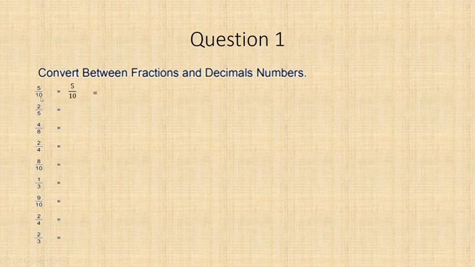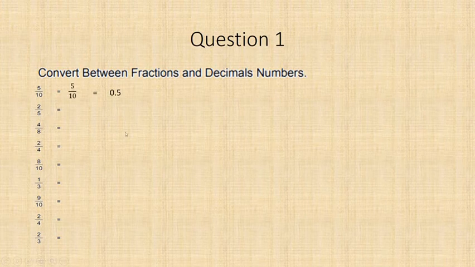It's only one zero, so it's only one decimal place. This one decimal place is the numerator, 5, so it's gonna be 0.5. It has only one decimal place because it has only one zero, so it's 0.5.